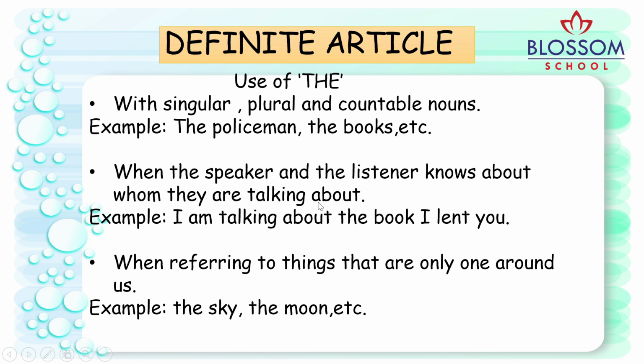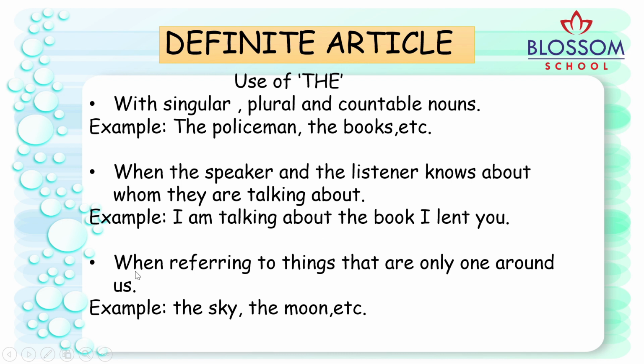In that condition, we will use the article the. For example, I am talking about the book I lent. In this example, the listener knows which book the person is speaking about.